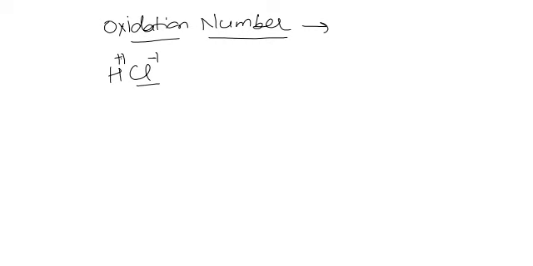The number for hydrogen is 1, but the number with sign is +1. So this +1 and this -1 are called the oxidation numbers of hydrogen and chlorine. Oxidation number is the number which may be positive, negative or 0, and that depends on the electronegativity differences between atoms.